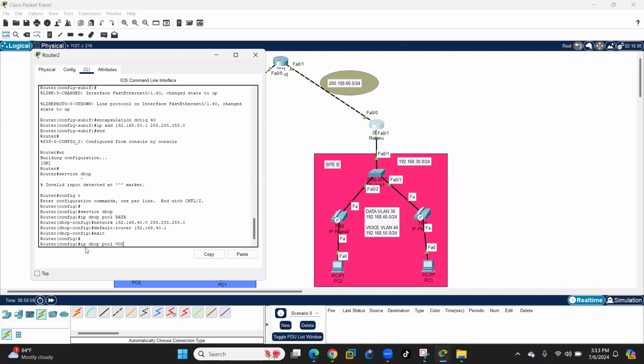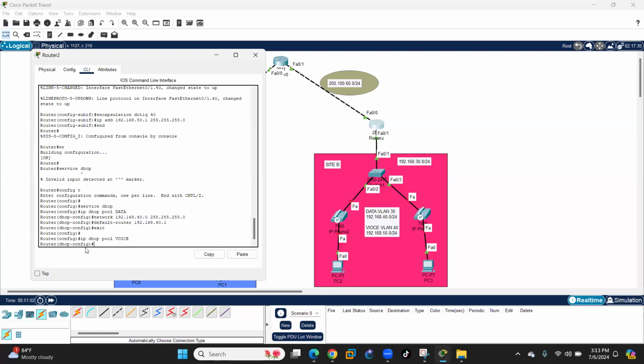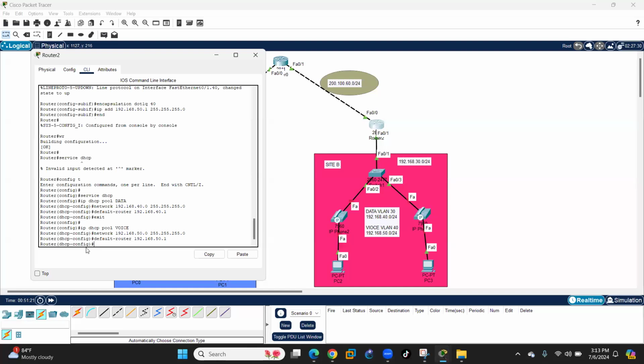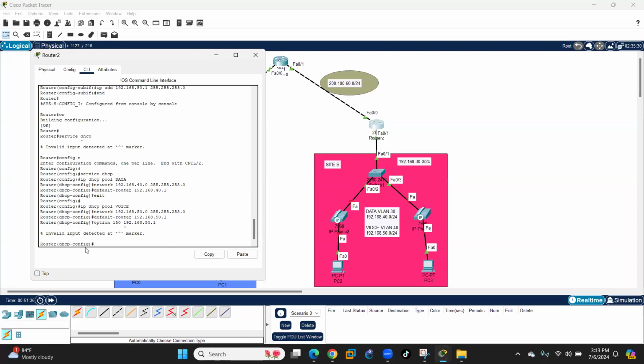IP dhcp pool voice. Network is 50, default router is 50.1. Option 150 IP 192.168.50.1.